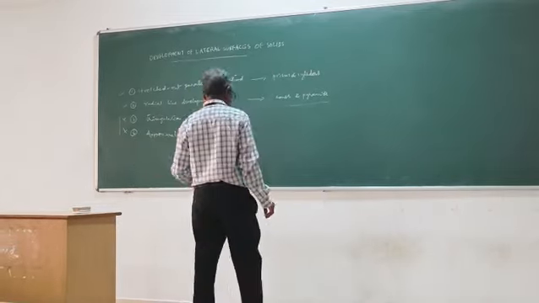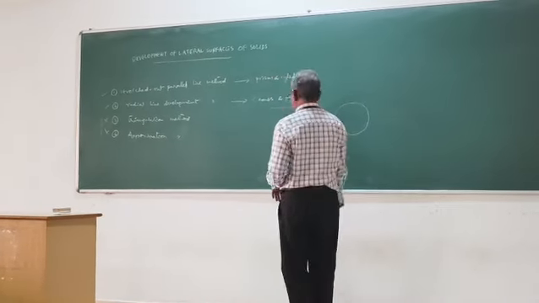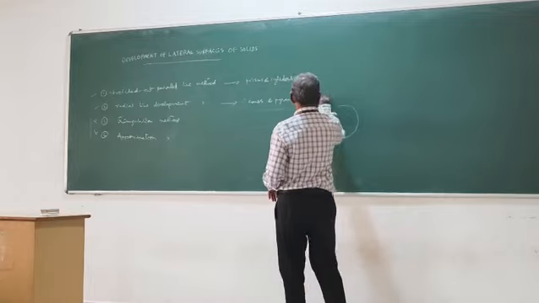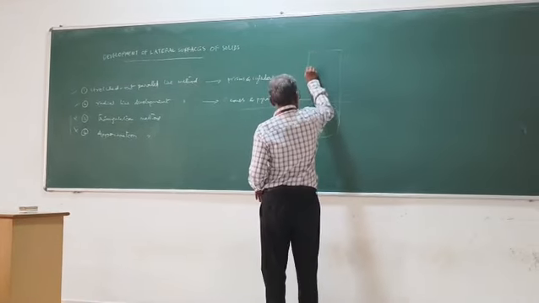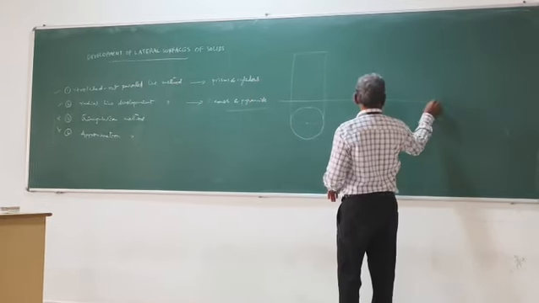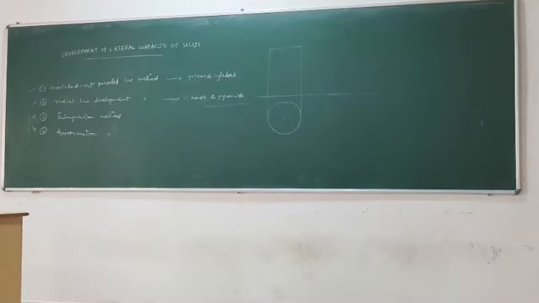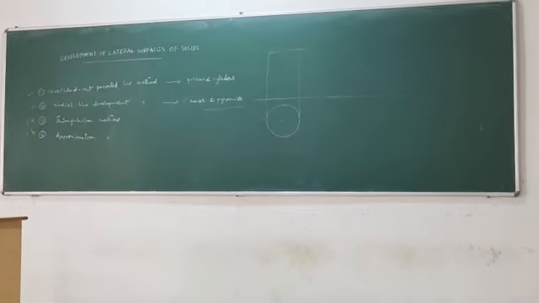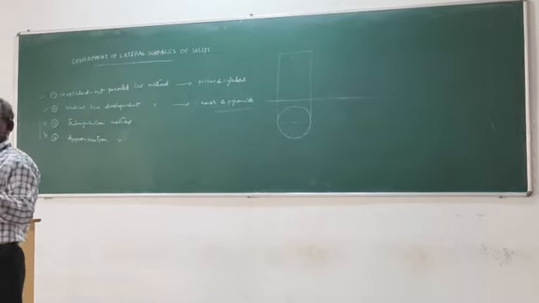As we discuss the cylinder, we will draw the projection first, because it may be a full solid or a cut solid. So let's say the cylinder is standing like this. It is simple.